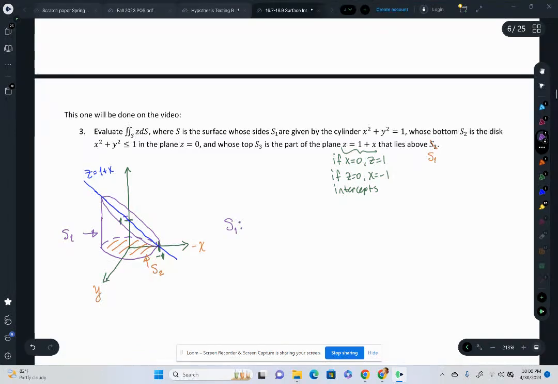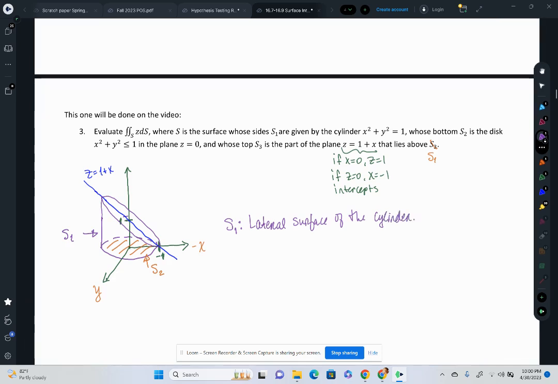is going to be the lateral surface, that's the outer surface, of the cylinder. Okay. The parametrization, and let's go ahead and state what that is, x squared plus y squared is equal to 1. The parametrization, well, with that we could say that, parametrization.